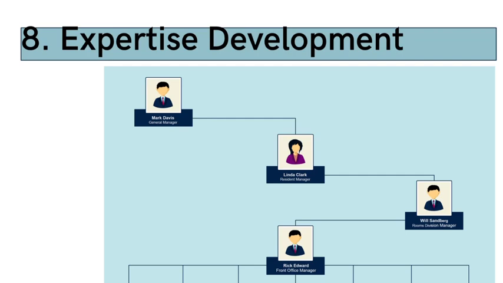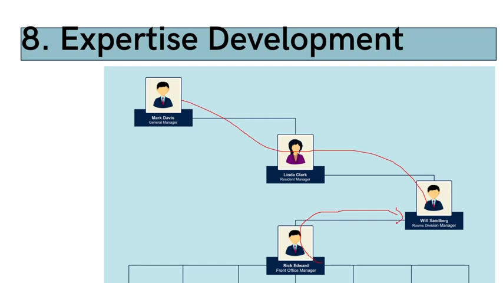For example, we have this hierarchy of positions. Mr. Rick Edward is a front office manager, and later on, through various trainings and seminars, it will develop his skills, and maybe after 5 to 10 years he will become a room divisions manager.